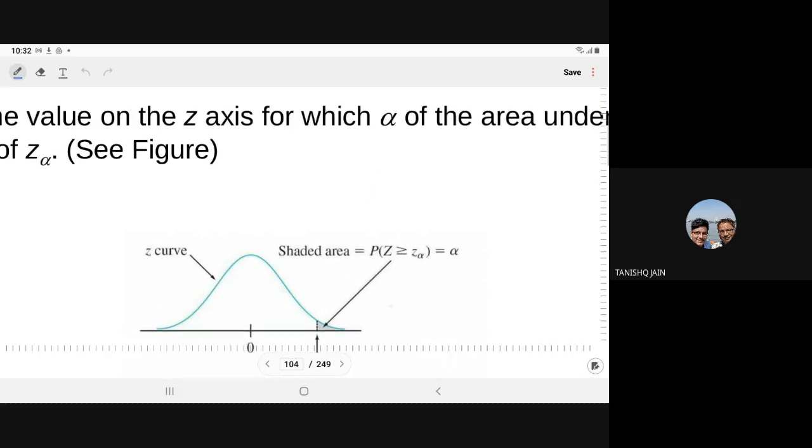So right side area is equal to alpha, which means probability Z greater than or equal to Z alpha is equal to alpha.